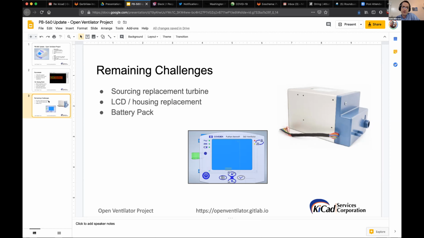We've identified a number of motors that would work for this, but we do not have at the moment a manufacturing procedure that would allow us to generate the housing or the turbine blades that would couple with the motor and sensors in order to provide the airflow we need. So we're actively looking for options on that. If anyone on this call has some ideas on that, please do feel free to contact me.